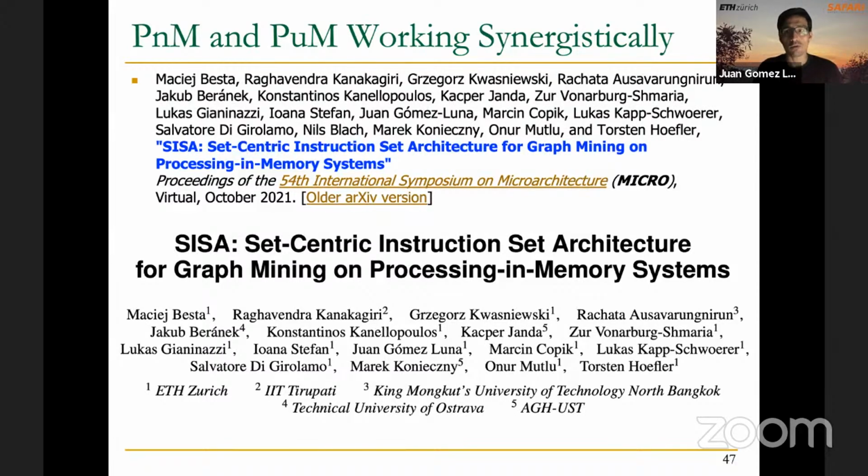Very recently, we have presented this paper at MICRO. SISA is a set-centric instruction set architecture for graph mining, and it has been implemented, as I said, using a processing near memory approach, where some compute elements are placed near the memory arrays, but also by exploiting Ambit-like computation, this idea of activating 3 rows at the same time to perform a majority operation, which can also be an AND or an OR operation, and can even provide a functionally complete set to implement even more complex operations as well.